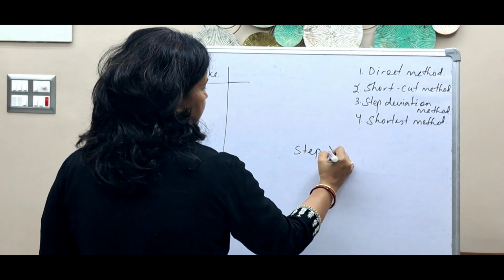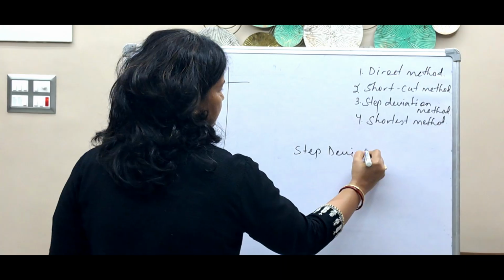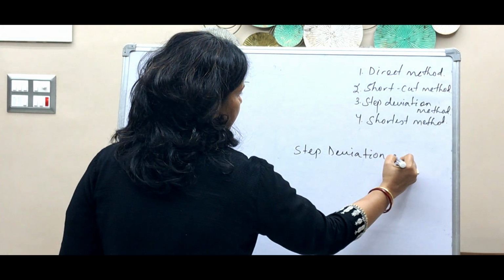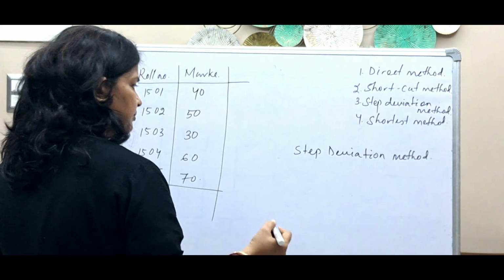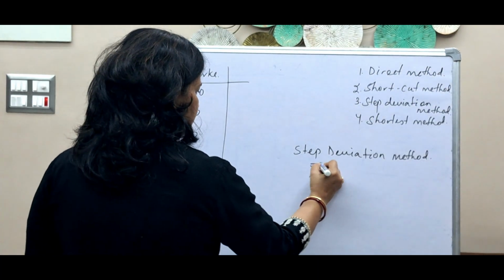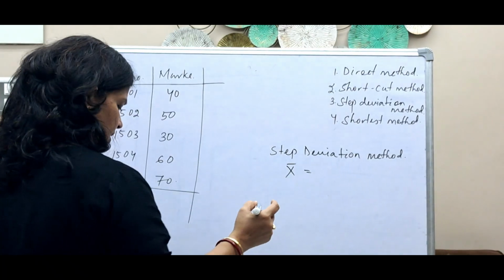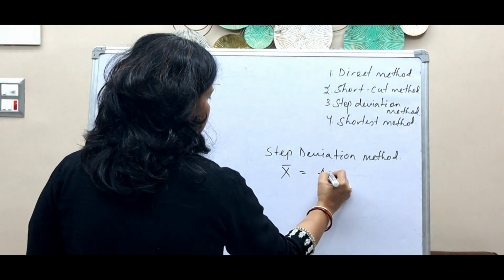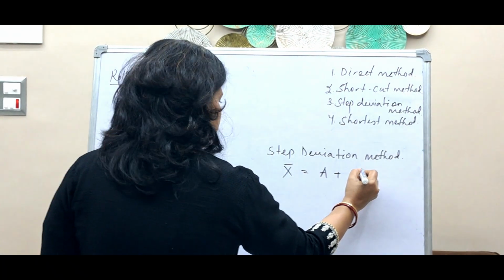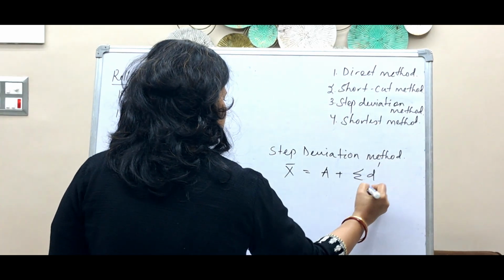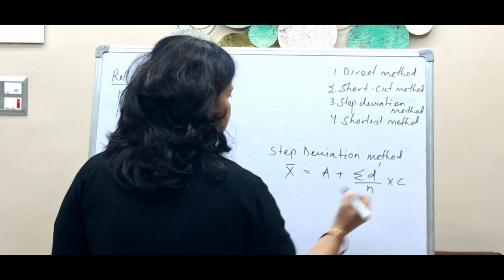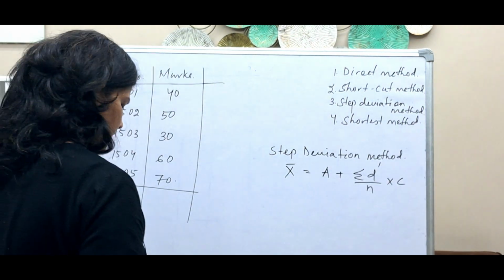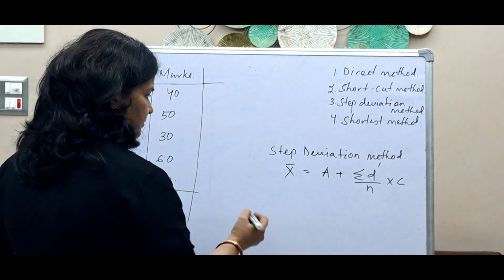Step deviation method. So the formula for step deviation method is x bar, which is mean, equal to a plus sigma of d dash divided by n into c. So what is c?